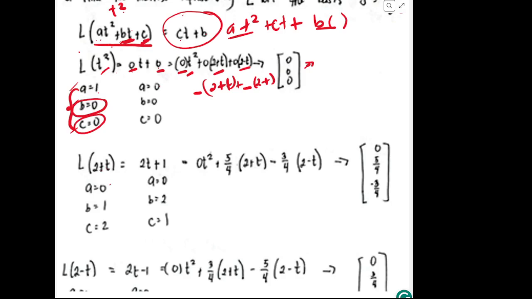And t, our b should be 1, para mag t na lang. And then for c, dapat si c is 2. Kaya ang constant natin is 2. Now, if a is 0, b is 1, and c is 2, from the transformation ct, so c, 2t, we have 2t plus b, which is 1.